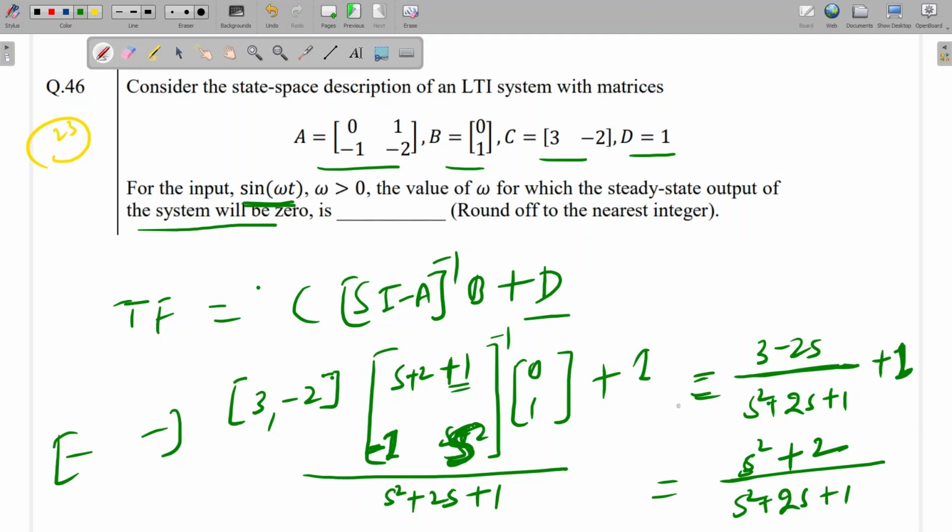So what will be this value here? If we put s equal to j omega, then s square will be minus omega square, so minus omega square plus 2, correct?